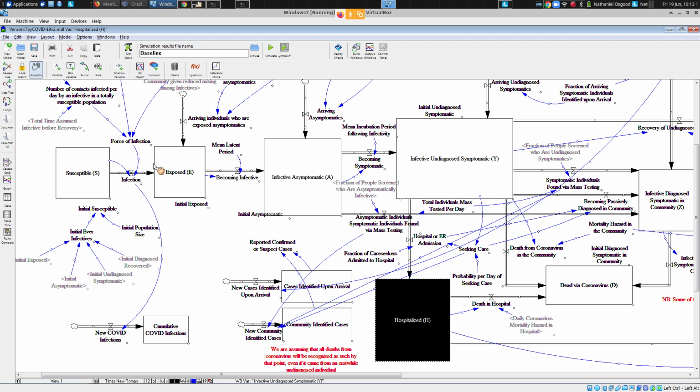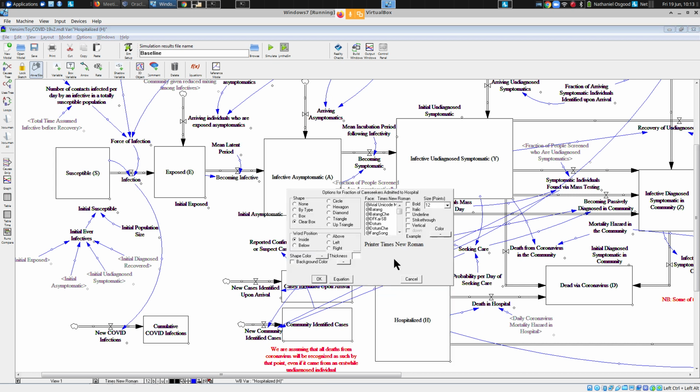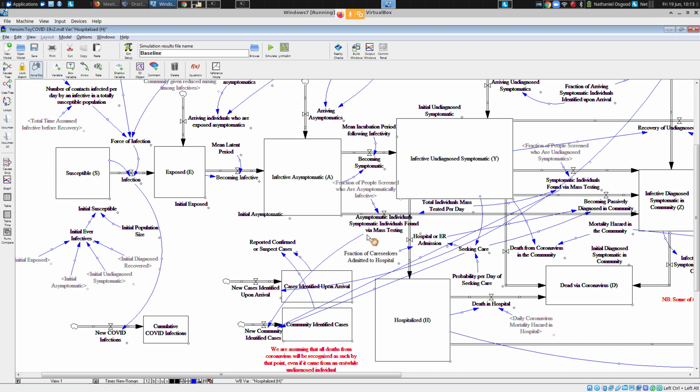So this, in short, is a model that depicts a certain theory of how the burden of COVID is felt within a population. The COVID virus shapes much of this model, but elements of the healthcare system shape other elements. For example, we have individuals who seek care, and a certain fraction of them are admitted to the hospital.